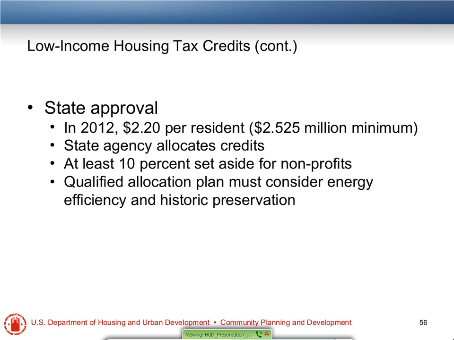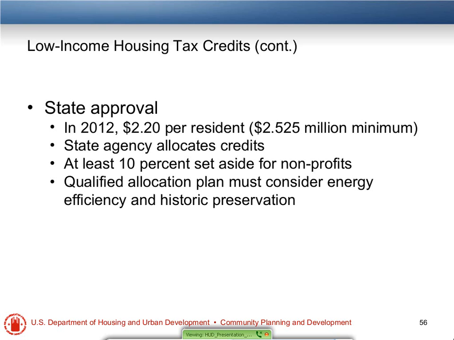Most of the states that I've worked in, they allocate a much higher percentage than that 10% to nonprofits, and it's become really a moot point, but there is a federal requirement that at least 10% go to nonprofit projects.